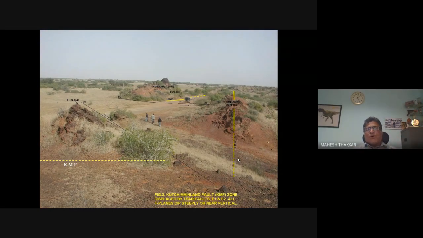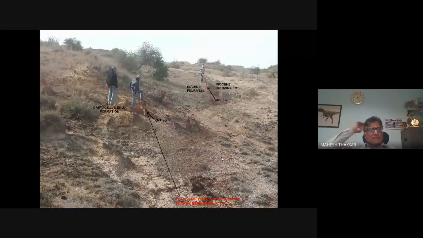So tearing faults dissect the Kachchh Mainland Fault. These were generated later on in the early Neogene period. So this is very important in terms of understanding strike-slip tectonics and post-collision phase tectonics.